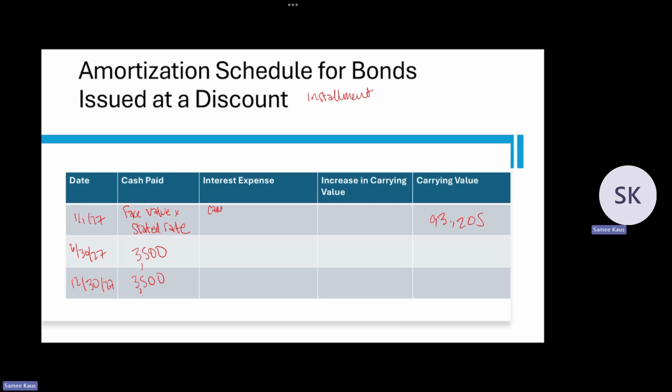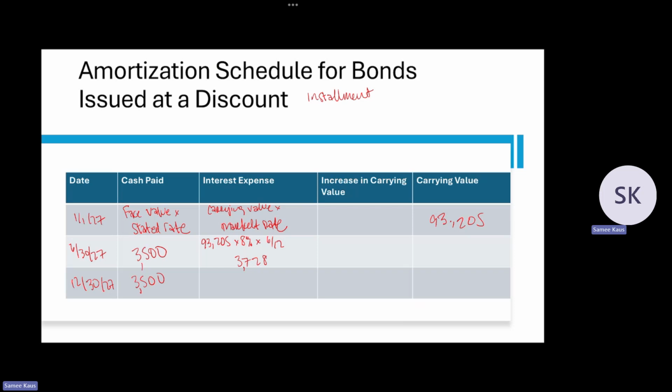Okay, now how do I calculate my interest expense? Well, here is where I do my carrying value multiplied by what? My market rate. Okay, so how did I figure that out? Well, in this case, I did my 93,205 multiplied by 8% multiplied by 6/12 for a total of 37.28.